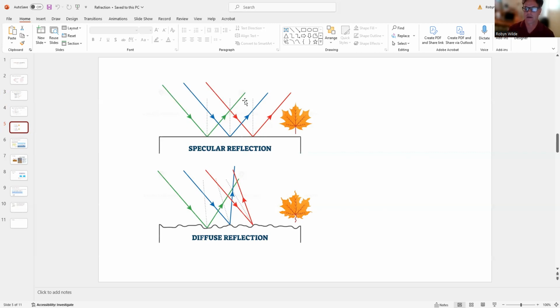So they're bouncing at the same angle, but they're bouncing off of a smooth surface. So if I get light coming in and bouncing off something like this, the rays don't get dispersed, and I can see a very clear image of the object. Maybe it's a leaf. Diffuse reflection happens if there's a rough surface, like in the second picture.